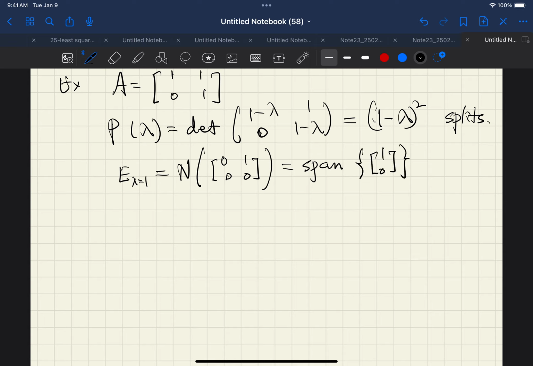It's dimension 1, so there's no way we can get two independent eigenvectors for A. So that means it's not diagonalizable by the very basic fundamental theorem, theorem 5.1.